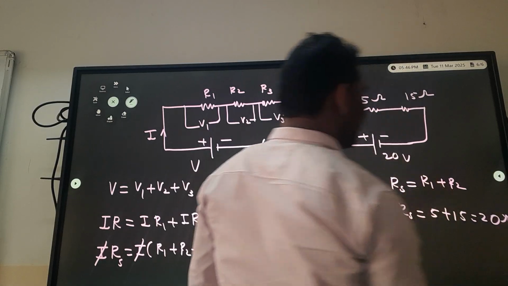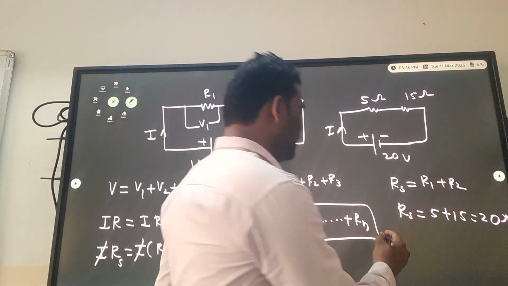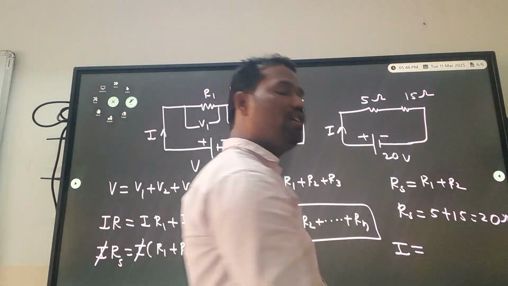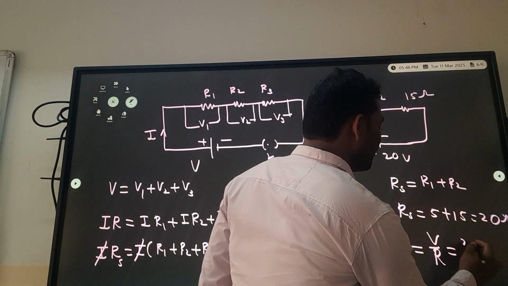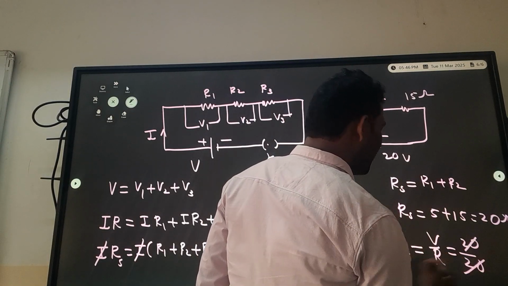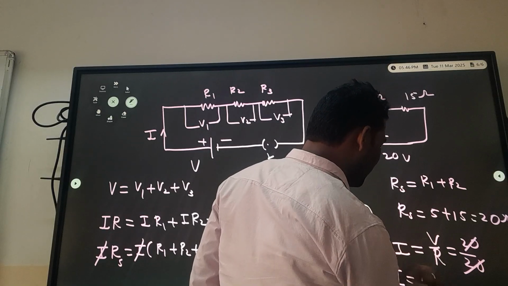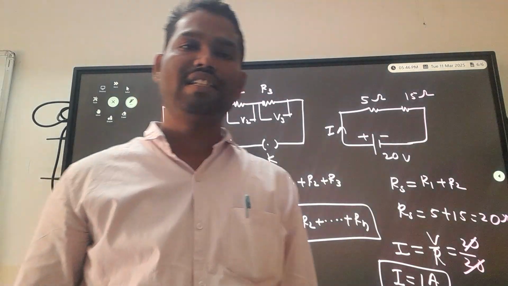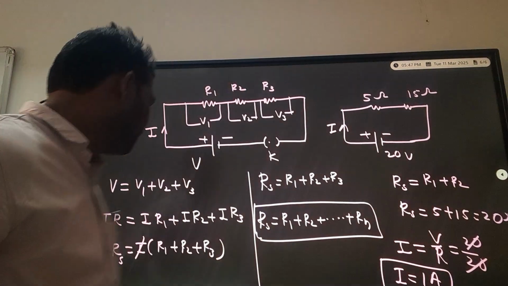So the resistance is 20 ohm and battery voltage is 20 volt, so easily we can find the current: I is equal to V divided by R. Voltage is 20, resistance is 20, 20 and 20 get cancelled, and current is equal to 1 ampere. In this way we can easily calculate the amount of current passing through the given circuit.